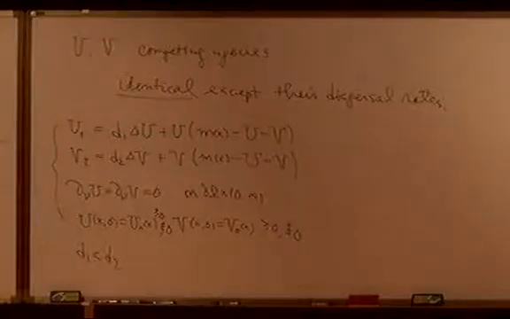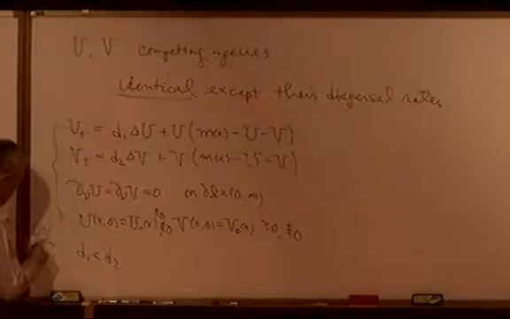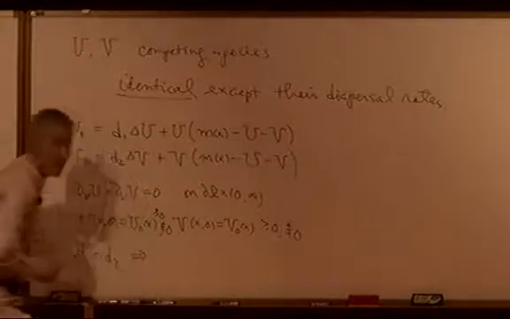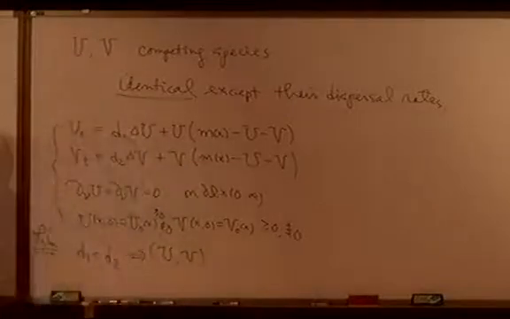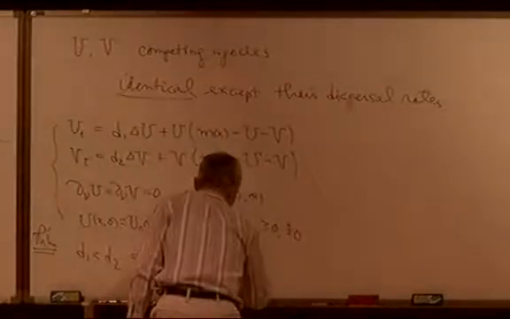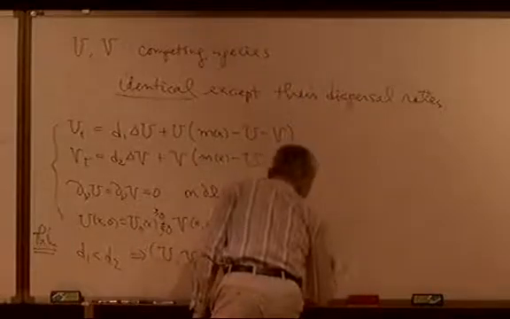Now, here's a theorem. The theorem says, if D1 is less than D2, then no matter what U0, V0 are, U will always wipe out V. The solution U and V, independent of the initial value, always goes to (theta_D1, 0) as t goes to infinity.